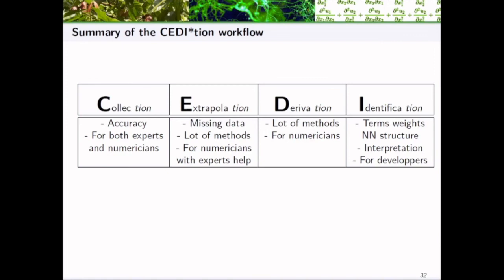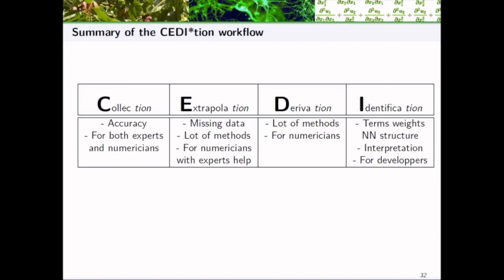Second, due to missing data and in order to compute the derivatives, we perform an extrapolation. We compute additional values from the raw data. Many methods are available. In particular, here we used a neural network we called XNet. This task falls to numericians with a little help from experts.